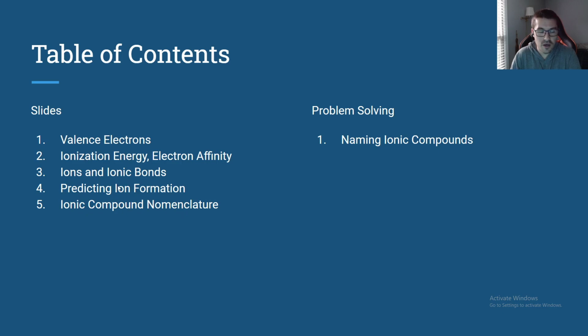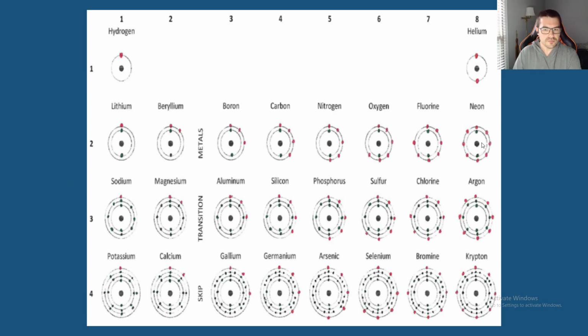Some of this stuff here at the end is where many of you are going to recognize a lot of what we talk about. And then in the problem-solving video, I'll just do some simple naming of ionic compounds and actually determining of ionic compound formulas as well.